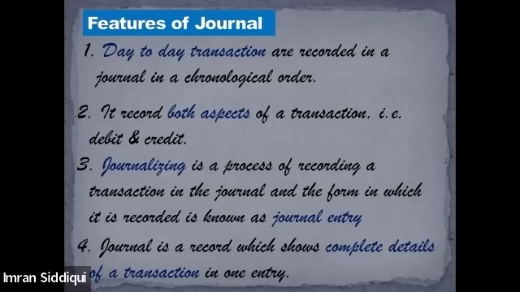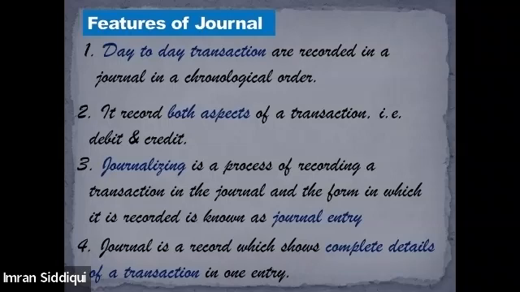As in the previous session, when we were discussing the accounting equation, I told you that every transaction has at least two aspects. We can categorize the aspects as the debit aspect and the credit aspect. So all the transactions have two aspects, and both the aspects are reflected in the journal.